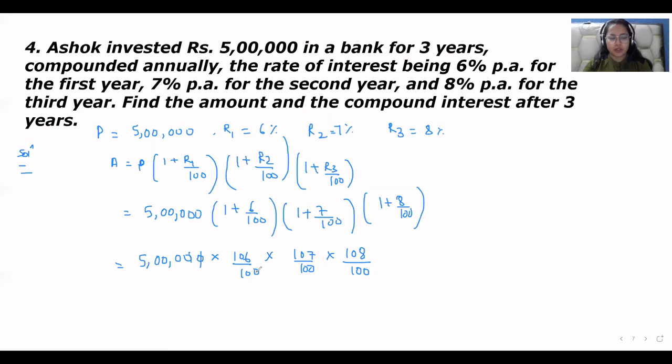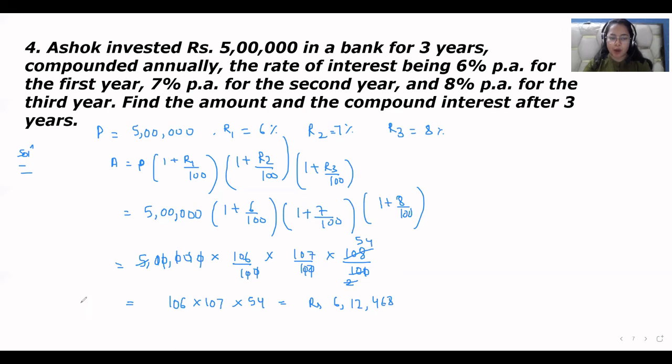Eliminate the zeros. And 5 with this 10, that is 2. After multiplying 106, 107, and we eliminate 2 and 108 as 54, we can write it as rupees 6,12,468.